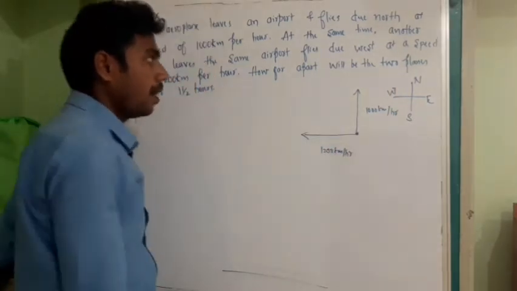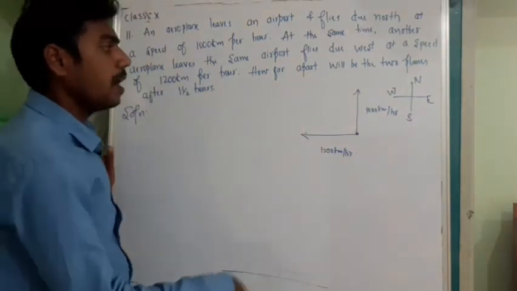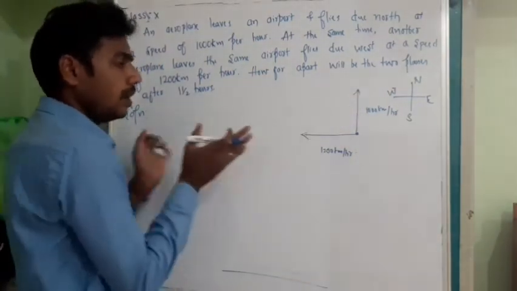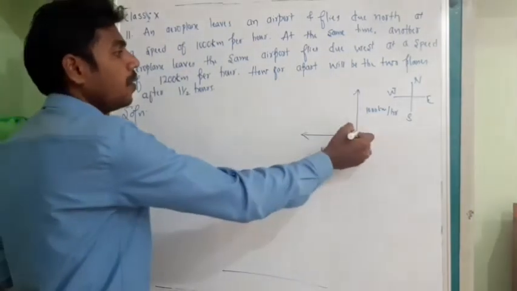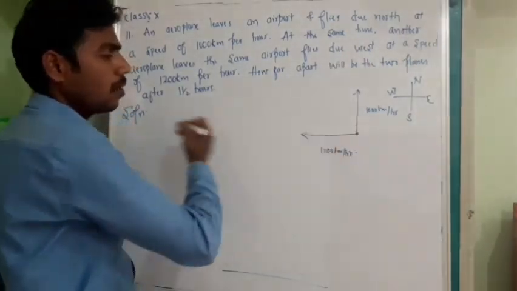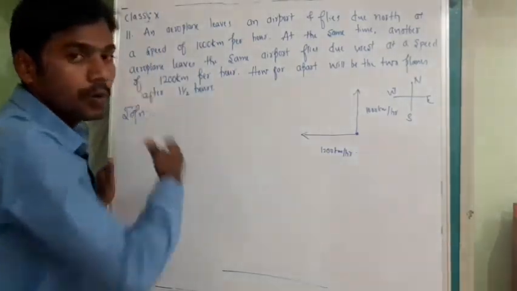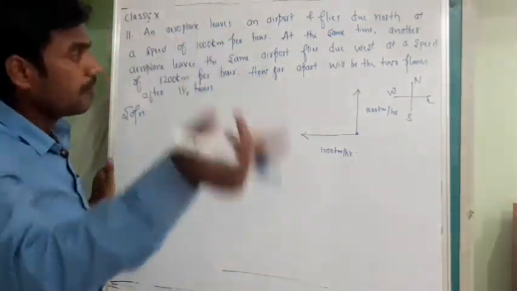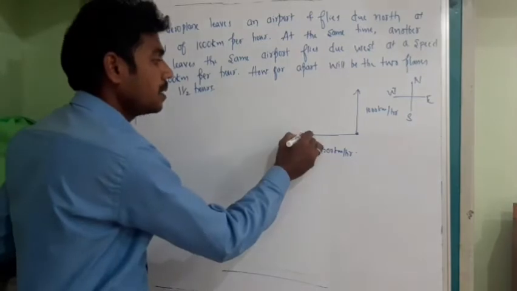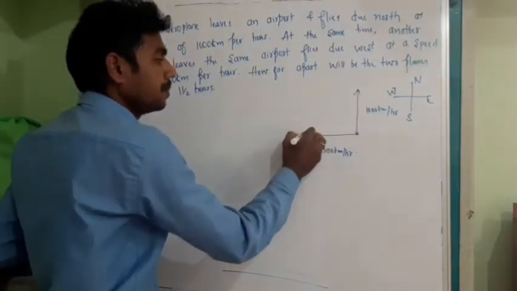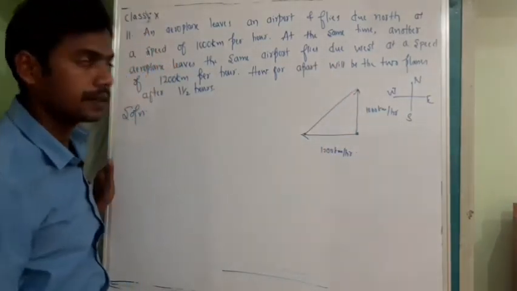And now after 1.5 hours they will move. One plane will go in this particular direction, the other plane in another direction. That is, one will go towards north, the other towards west. After 1.5 hours, what is the distance between the planes? This you need to calculate.